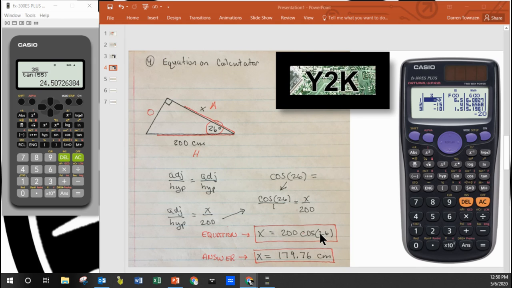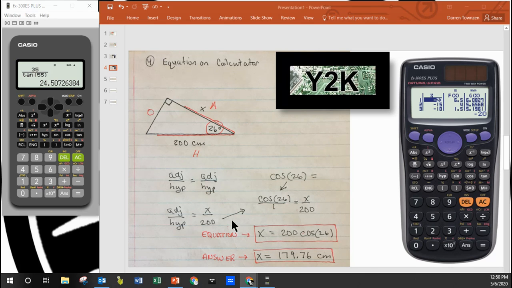If you put the 200 in the parentheses with the 26, your calculator is going to think that you want to take the 26-degree angle and multiply it by 200, which will make an enormous angle, and you don't have an enormous angle, you have a 26-degree angle. So put the length of the side first and then the trig function second. So there's our equation. So when it asks you on the next problem what the equation is, your answer is going to look something like that.